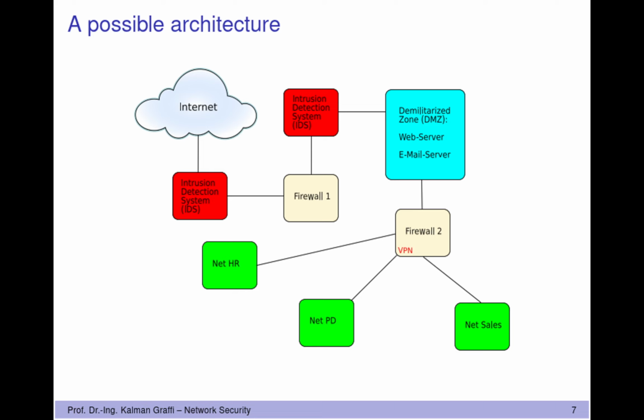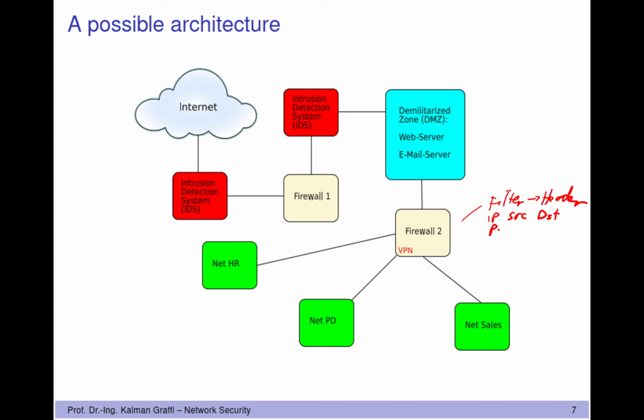We will also go deeper into the firewalls, but what they do is basically to filter traffic. They look at the messages, and based on the information they see in the messages, they decide whether they let it pass or not. Typically they look into the header, and only in the header. Meaning they look into IP addresses, source and destination.